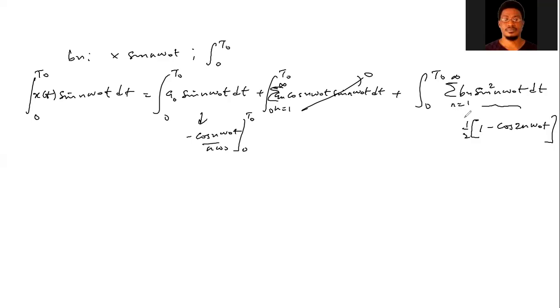So if we replace this with this, we're going to have this expression be the same as the integral 0 to T0 of sigma b_n, n equal to 1 to infinity, 1 over 2 times (1 minus cos(2n ω0 t)) dt.